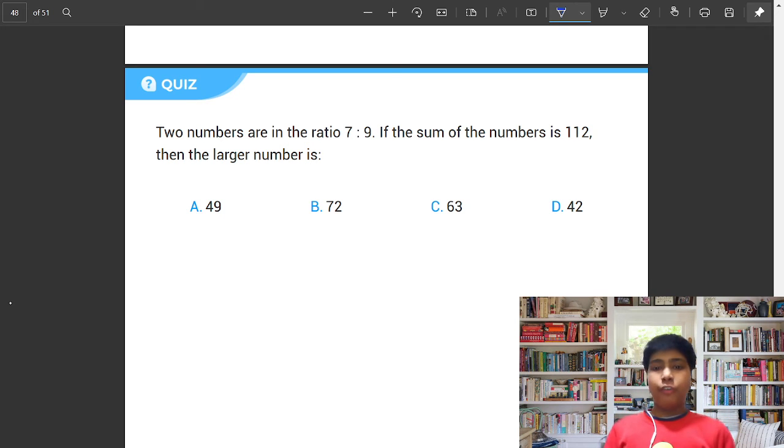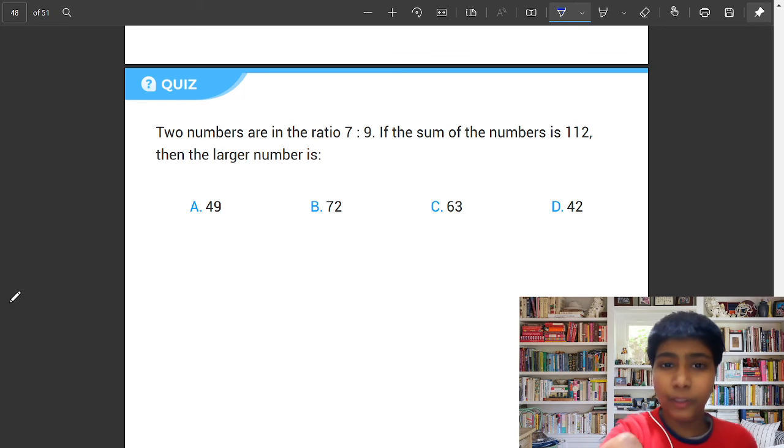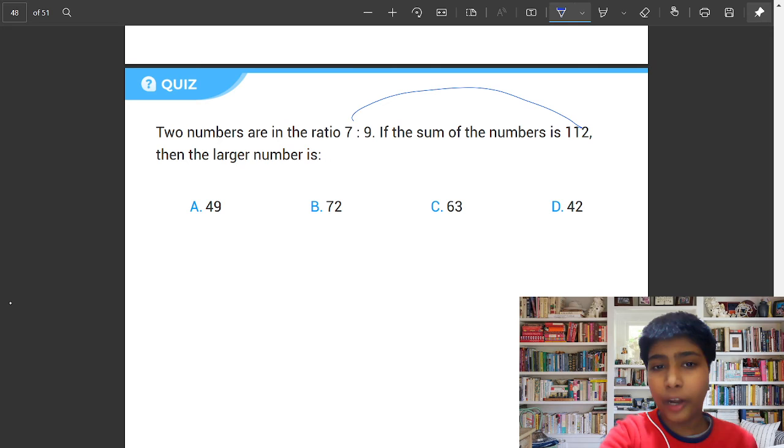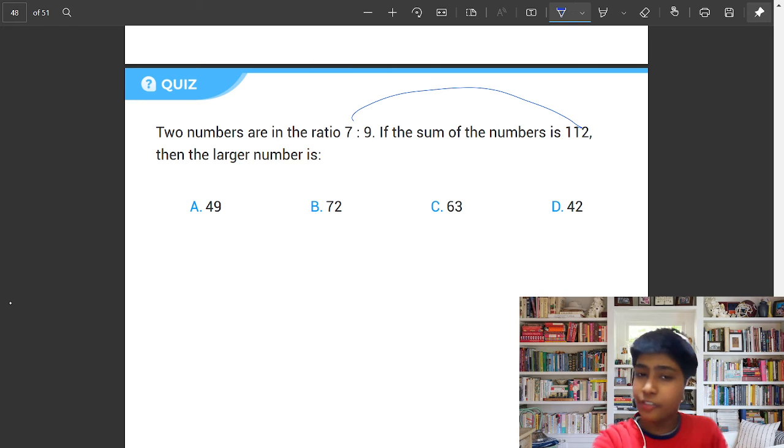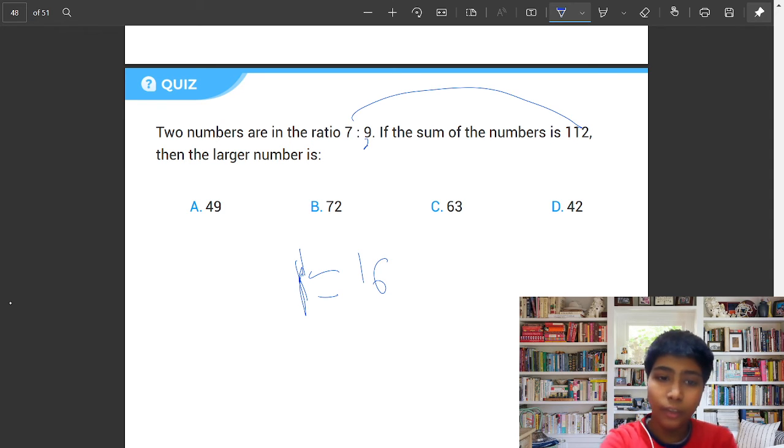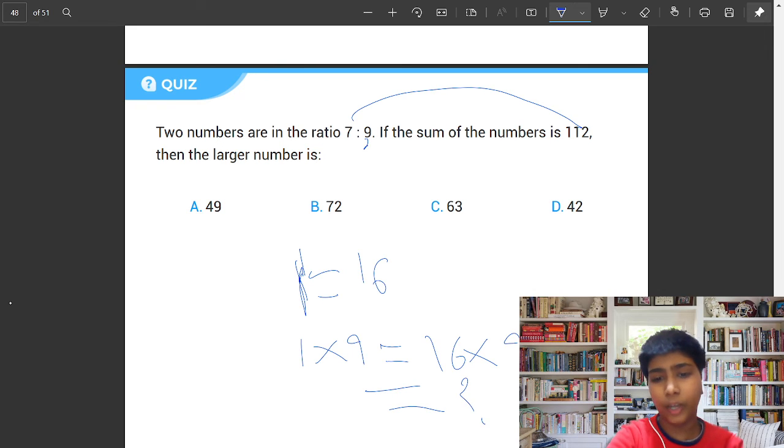First of all, 1 part equals 112 divided by 7. 112 divided by 7 will be 16. So 1 part equals 16. To find 9 parts, 16 multiplied by 9 will be your answer. I'll not be giving the answer to you.